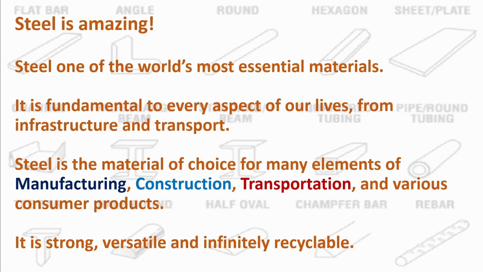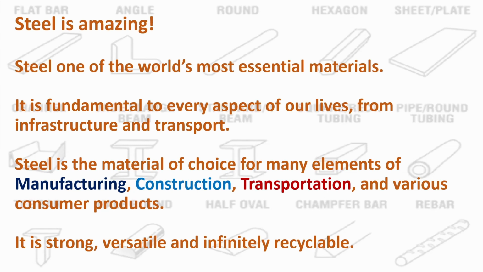So steel is amazing, and today almost everyone touches steel on an everyday basis, and steel is one of the most essential materials in this current world. Steel is amazing, isn't it? Steel, one of the world's most essential materials, used everywhere.